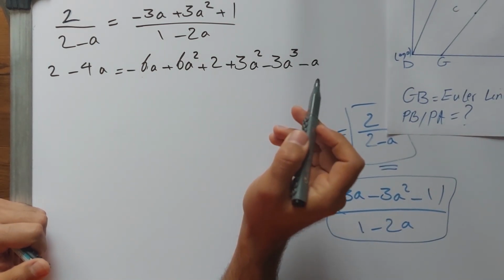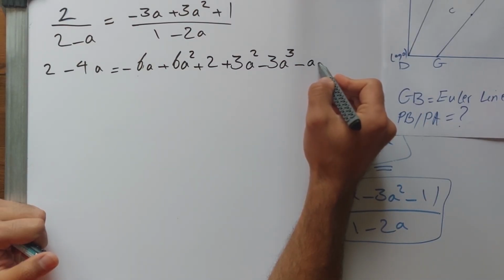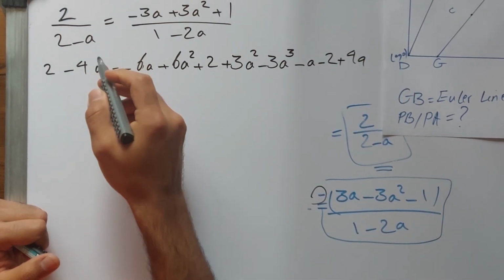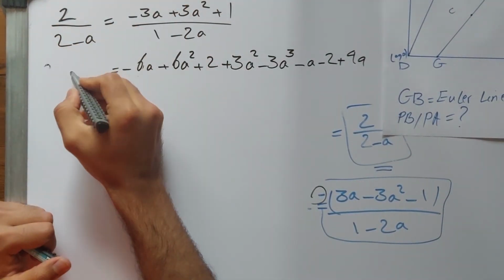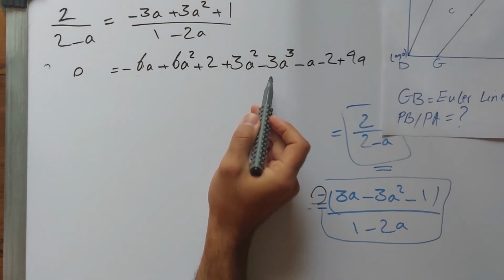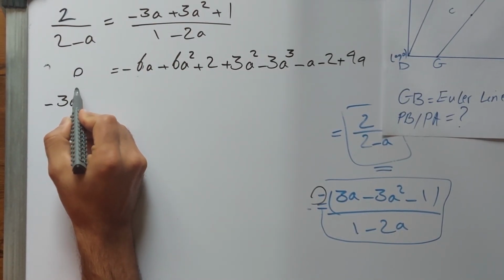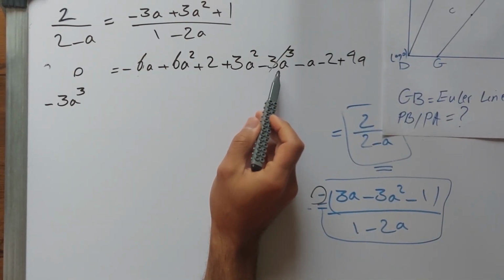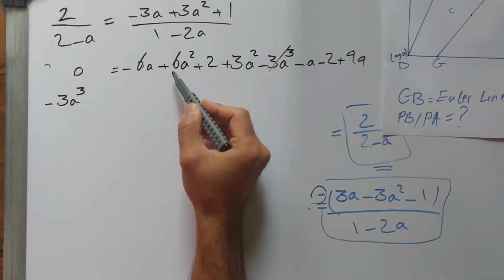So let's just bring these two terms to the other side as well to make it more simple. So minus 2 plus 4a, and then we can set this part to 0. So we have minus 3a cubed, that's this term, that's a higher degree, the third degree. The second degree would be a squared, right?